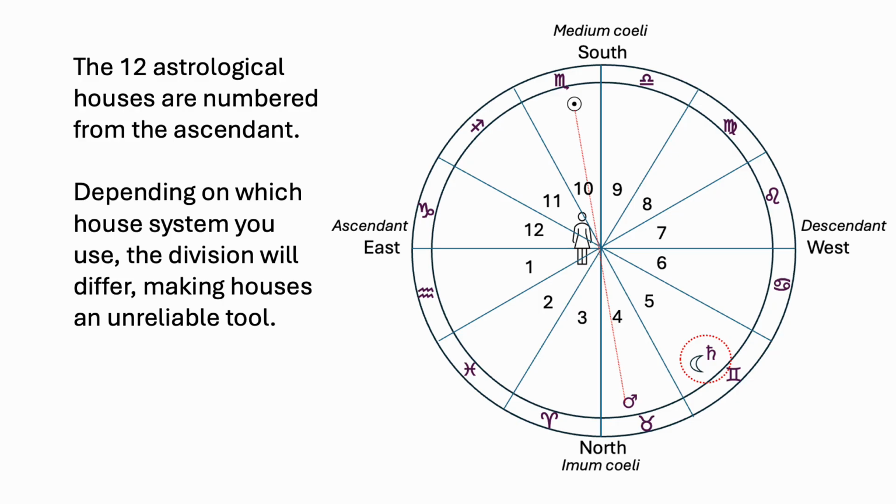Depending on which house system you use, the interpretation of the birth chart will differ quite substantially, and some house systems don't even work north of the Arctic Circle. This is why, in Sunring astrology, we think house systems should not be used at all. If you use a tool, different astrologers should come to the same conclusion, and the tool should also be universal and applicable everywhere on Earth.